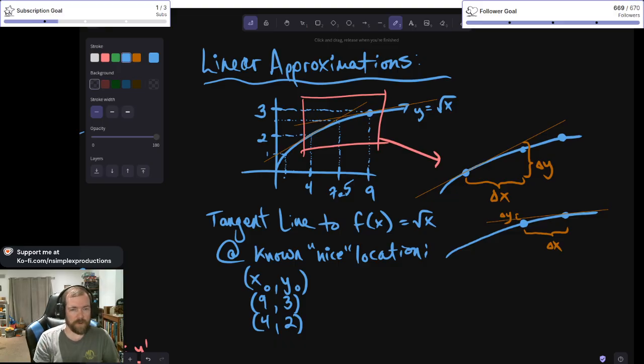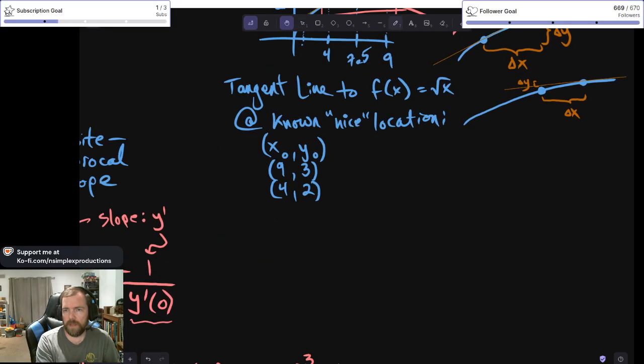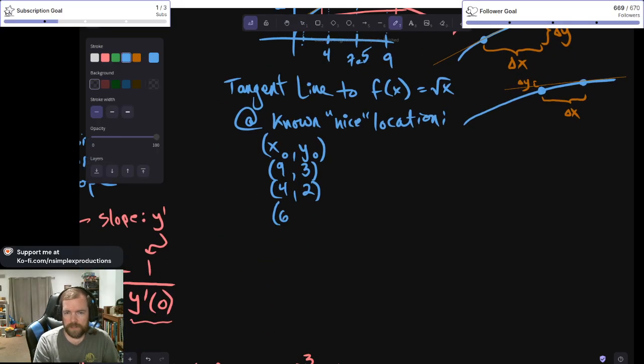Later on, when you become more adept at this, you could say, hey, I'd like to pick 6.25 by 2.5. This is a number that's closer to that other one. 2.5 squared is going to be 6.25. Can we get even closer?